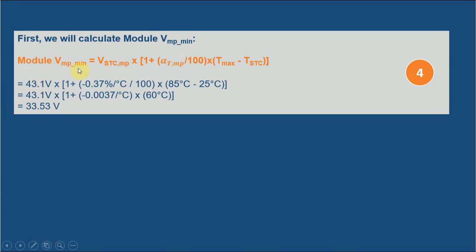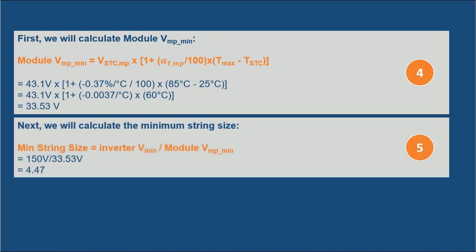Using the previous equation, we put in all of these known values. We get that the maximum power voltage, or the minimum voltage, is 33.57, due to the high value of the temperature.